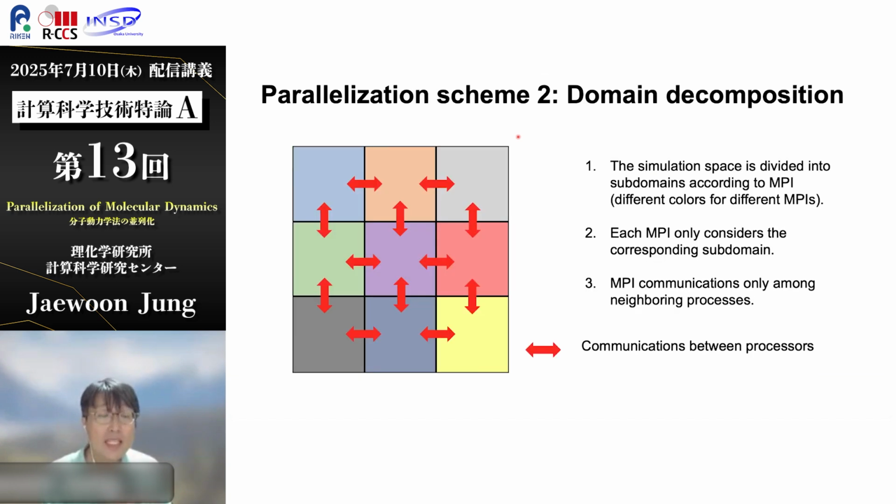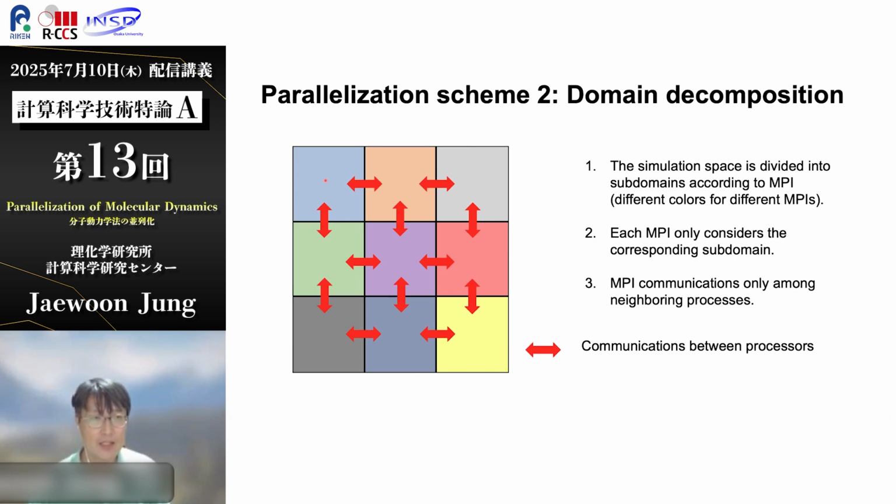So in many cases, people use the domain decomposition parallelization scheme. In this case, let's assume that this is the whole simulation space, and this simulation space is divided into subdomains according to MPI. Here, I assumed 9 MPI processes.